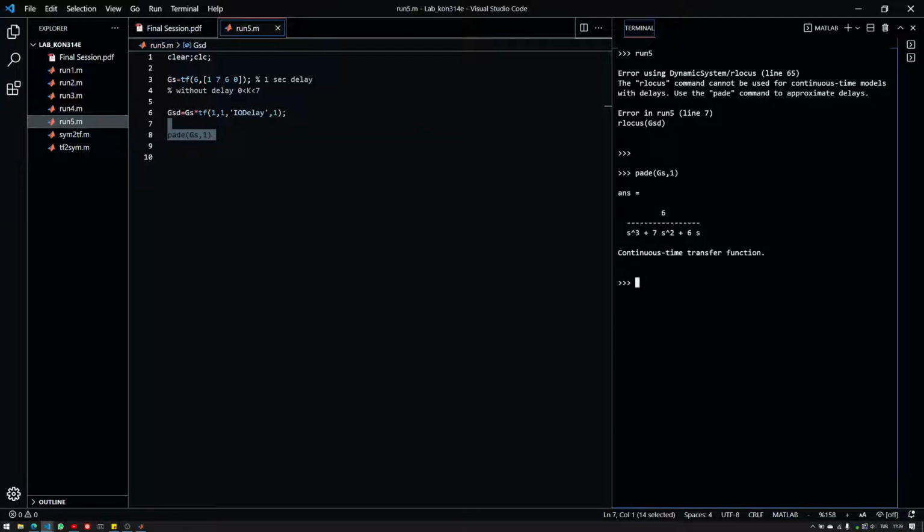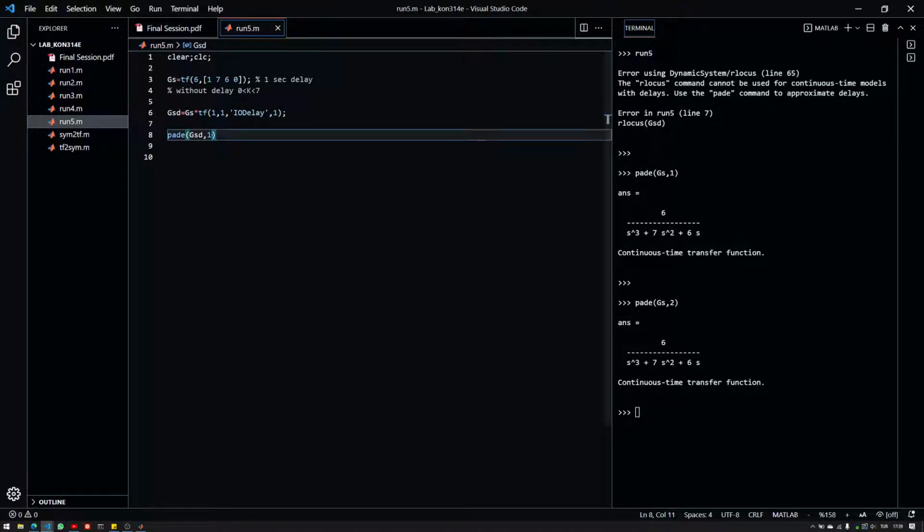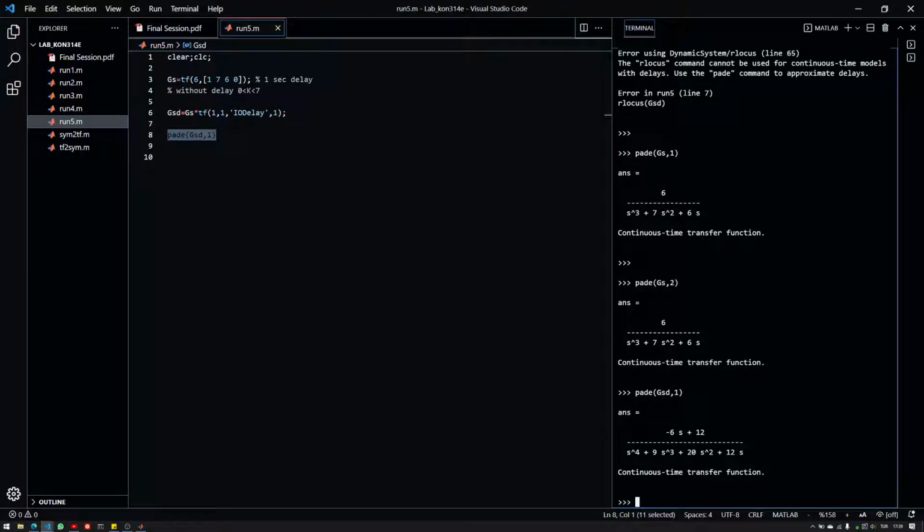So the first degree is this, which has no delay in it. The second order Padé approximation would be this. So it has basically 1 zero and 1 pole in it.